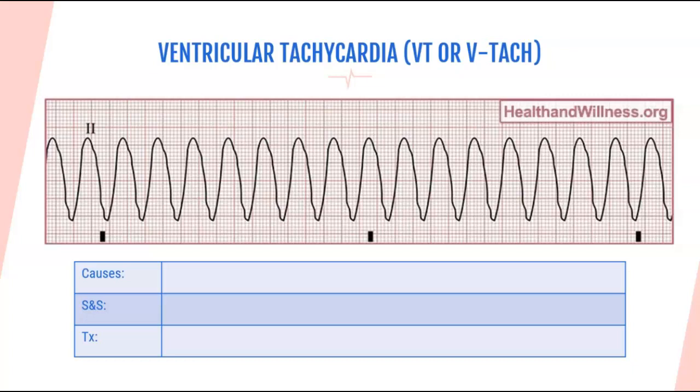You'll also want to correct the cause, if it's caused by electrolyte imbalances or ischemia. Medications such as amiodarone, lidocaine, beta blockers can be used, and they will follow the ACLS protocol. If the patient has recurrent episodes of V-tach, they might be considered for an implanted defibrillator.